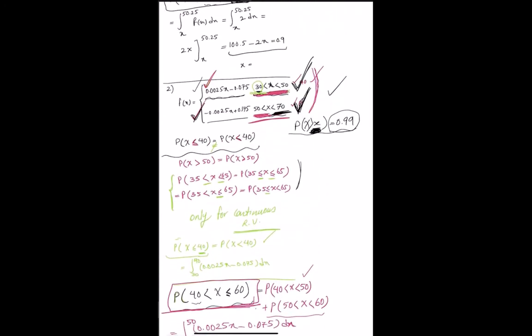If the probability density function, lowercase f of x, has two possible forms, when x is in this range and when x is in this range, my cumulative distribution function is going to be similar to that as well.